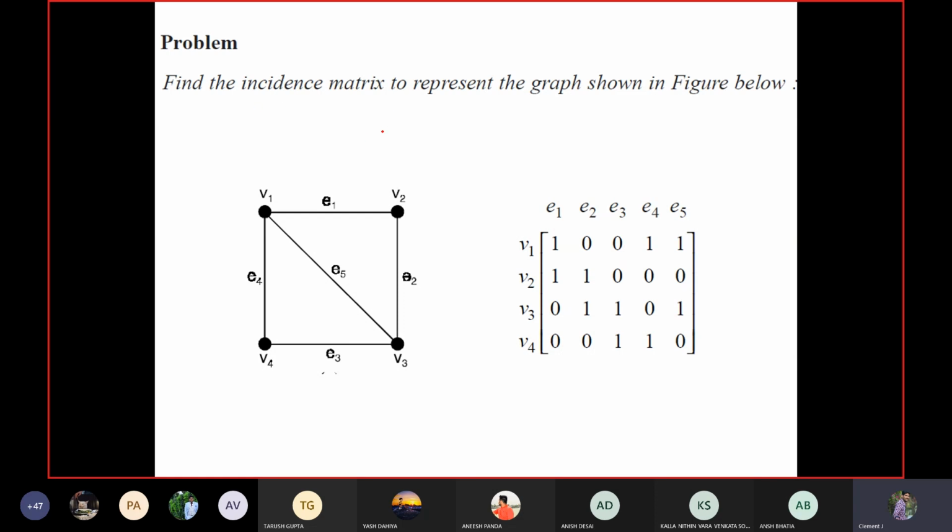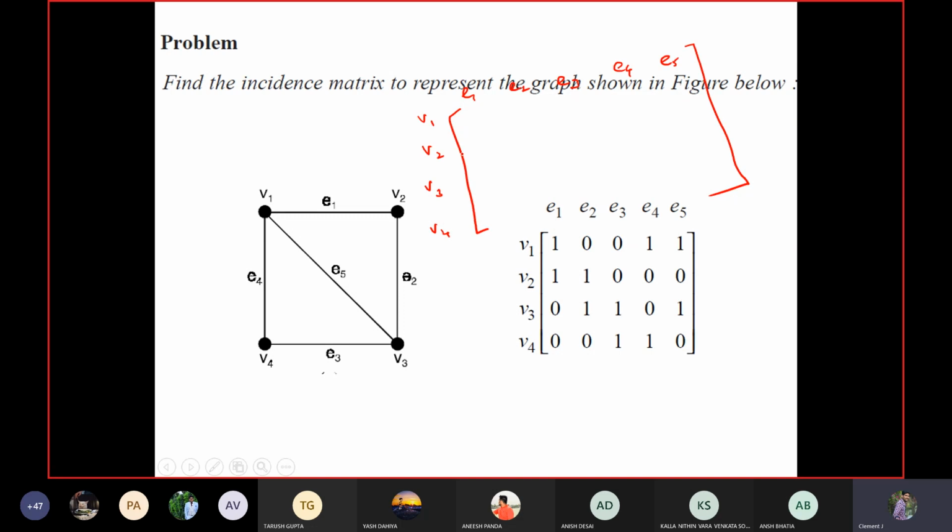Incidence matrix means you need to relate vertices and edges. So I create a matrix with rows V1, V2, V3, V4 and columns E1, E2, and so on. How many edges are there? 5 edges: E1, E2, E3, E4, E5. For this graph, I'm going to create an incidence matrix. It is very simple.